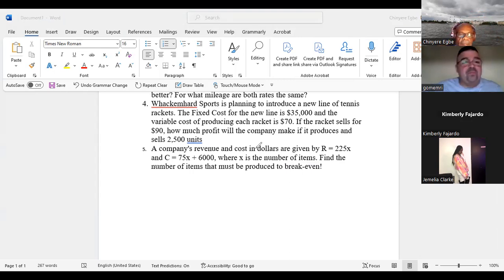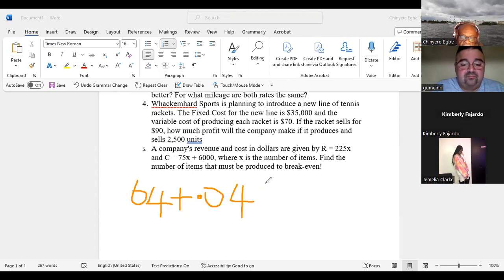Let's put it up again for everybody's benefit. I have the notes, I took screenshots. 64 plus 0.04x, and since the 80 canceled out the 80, we have equals 0.08x.